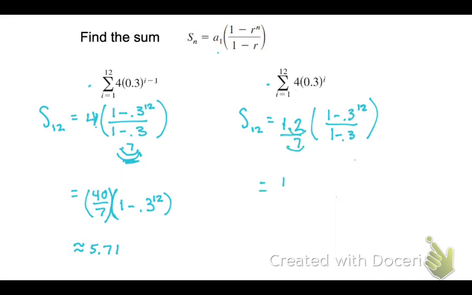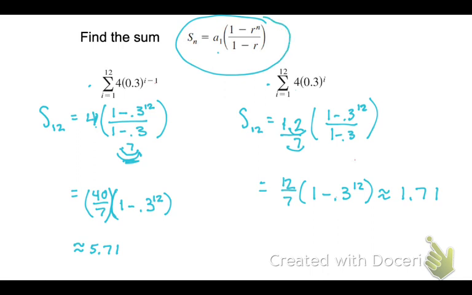So I get 12 over 7 times 1 minus 0.3 to the 12th. It is approximately 1.71. Does it make a difference? Yeah, it's actually going to be exactly 4 different, isn't it? So, other than just plugging it in, are there questions on how to use that formula? You just got to plug in the right stuff, right?